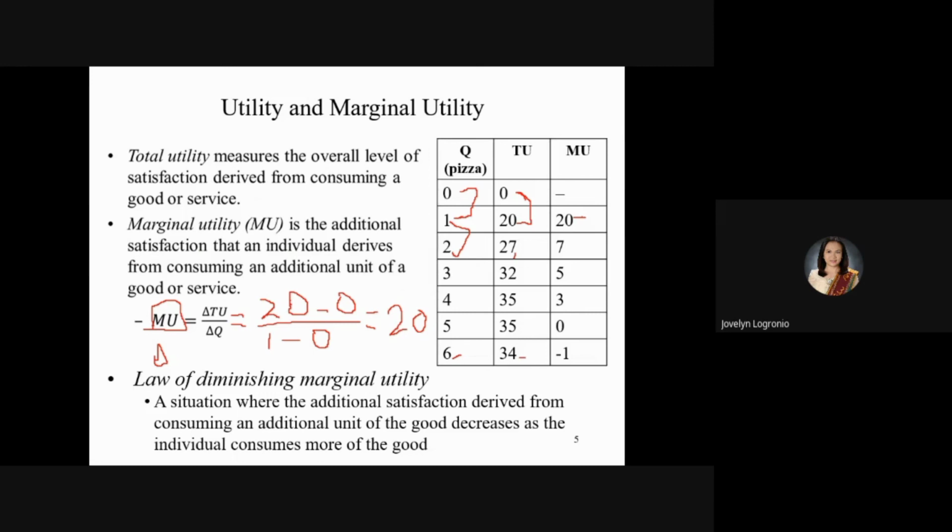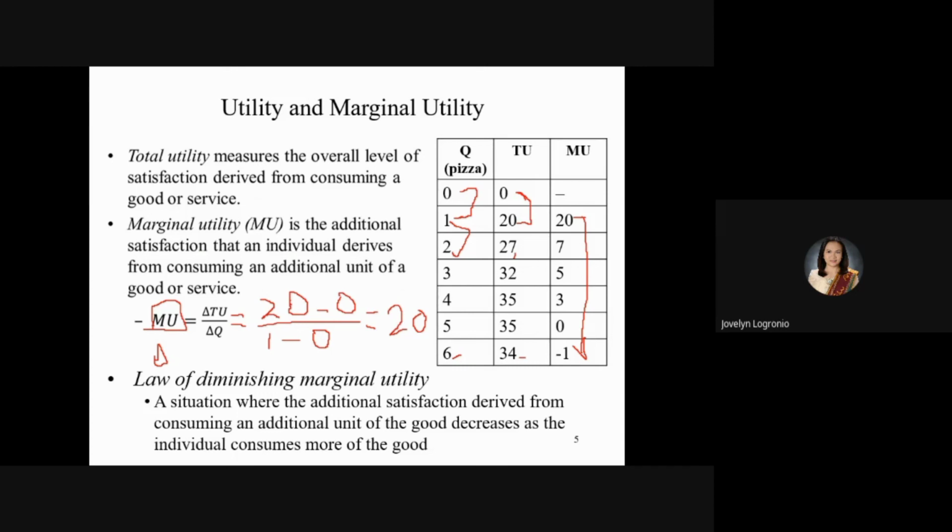And kung mapapansin nyo, yung behavior or yung property ni marginal utility, 'di ba? Habang dumami or habang tumataas yung level of consumption or as quantity increases from 0 to 6, the marginal utility of the consumer declines.